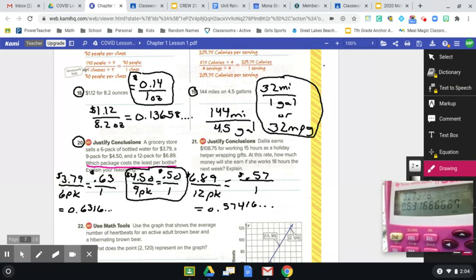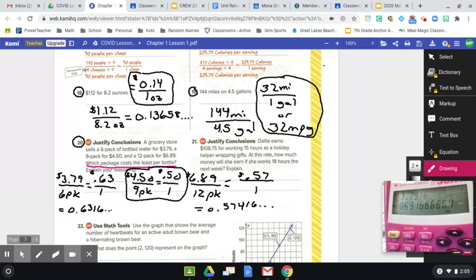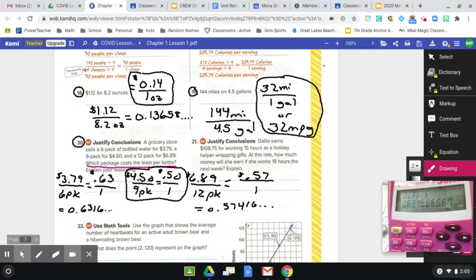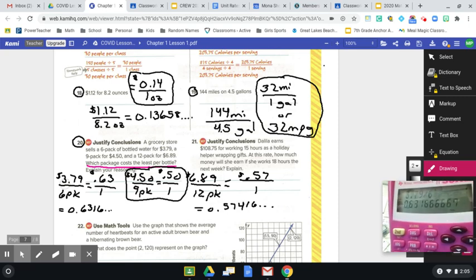And so dividing that 6-pack of water out for $3.79, you're not going to say, well, it's 0.6316666667 cents. That doesn't make sense, right? Because you're talking dollars and cents, you're talking change when you see this decimal like this.